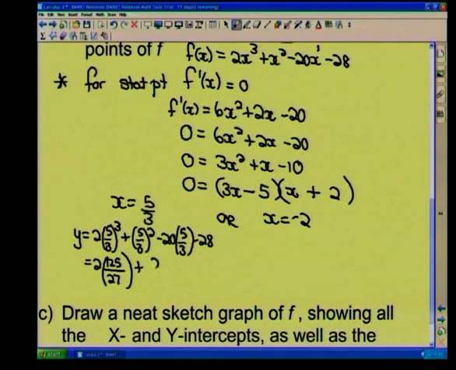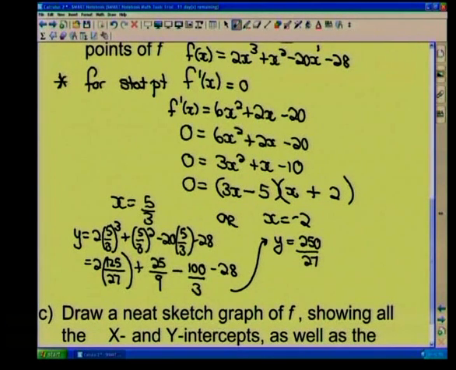Plus, the squared is going to be 25 over 9, minus, this is 100 over 3, minus 28. All right, so doing that now, we go over here, and we're going to tidy it up a bit more. I actually should have left myself some more space, but we'll make a plan in a little while. So if I do 2 times that, I'm going to get 250 over 27 plus 25 over 9 minus 100 over 3 minus 28.